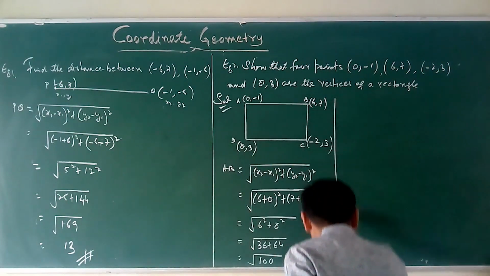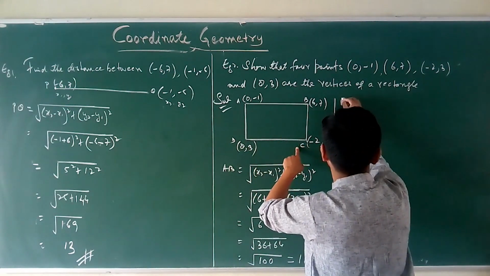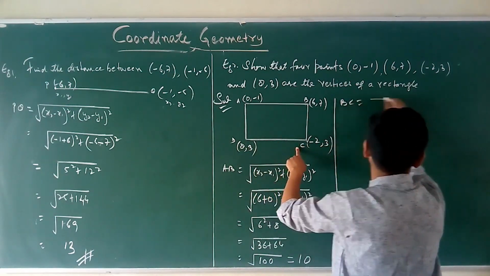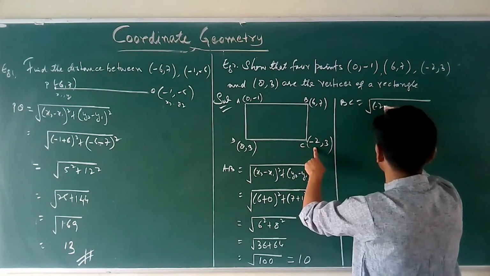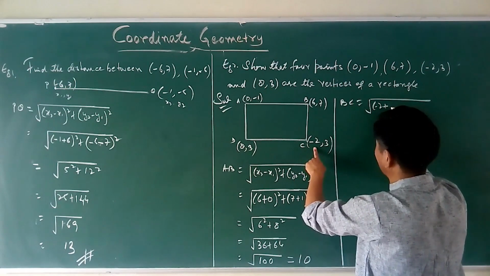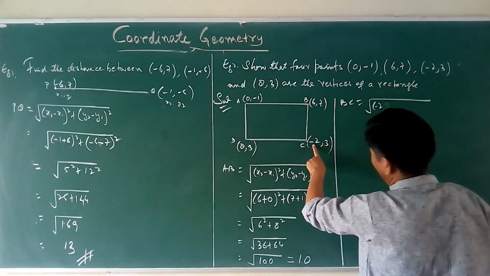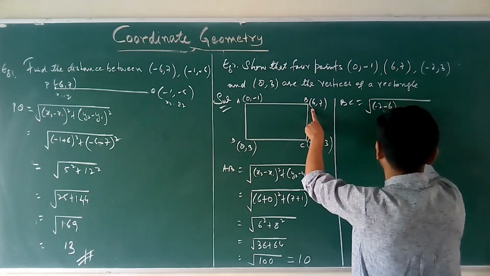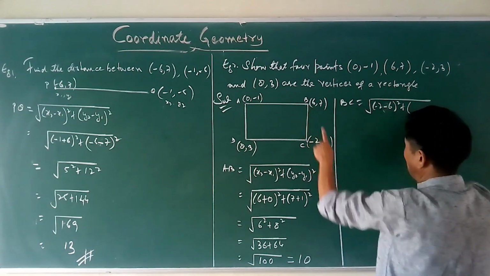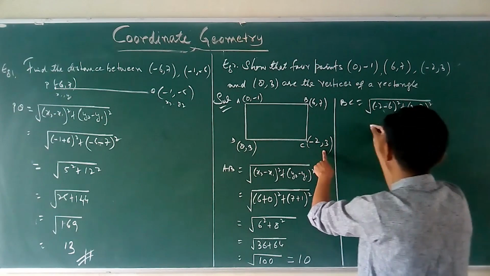Next, BC. BC is equal to the square root of x2 minus x1, that is negative 2 minus 6, whole square plus y2 minus y1, that is 3 minus 7, whole square.